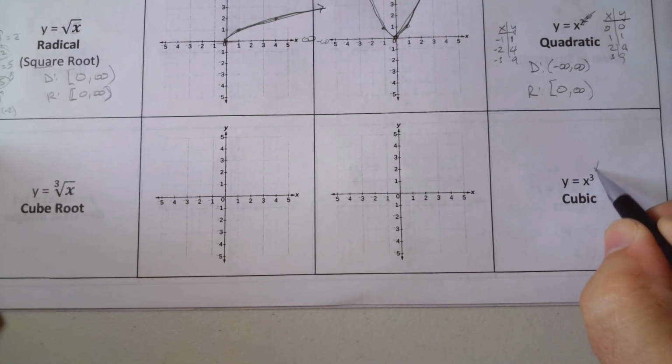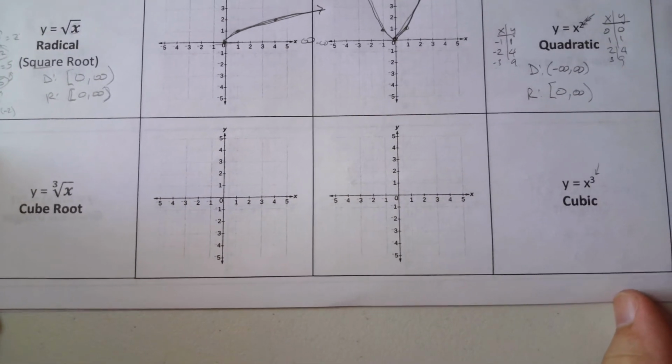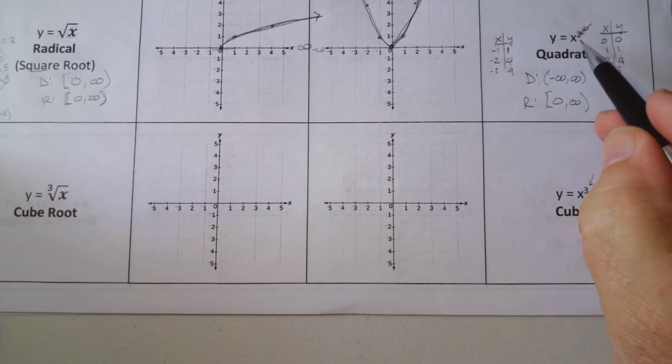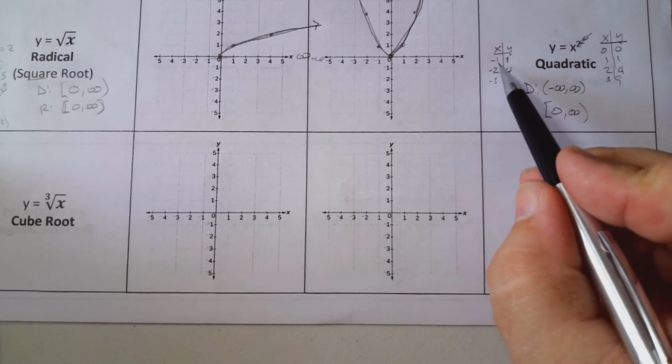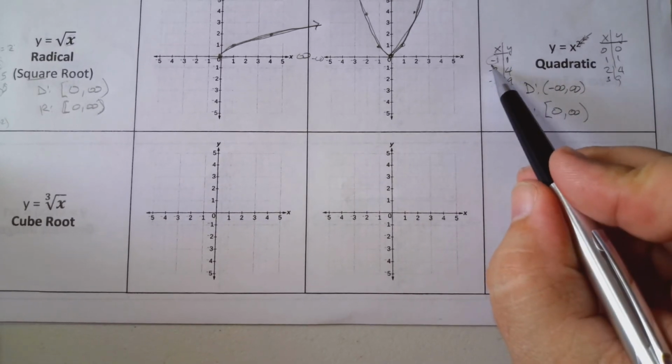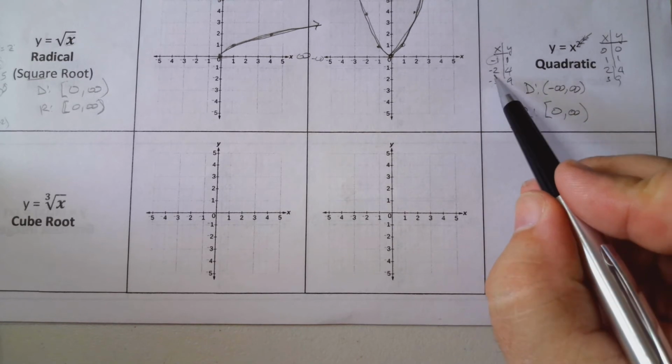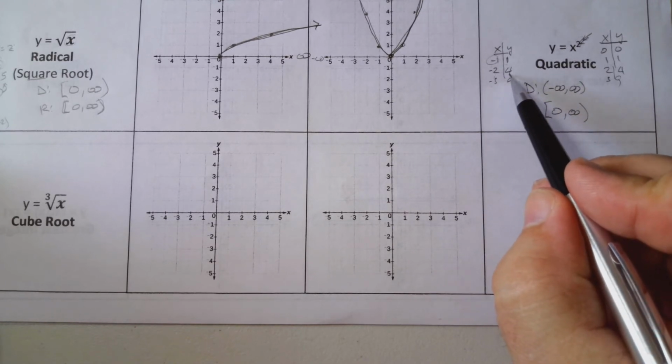Cubic. Now remember, when you have a square, it's negative 1 times negative 1 is positive 1. Negative 2 times negative 2 is positive 4.